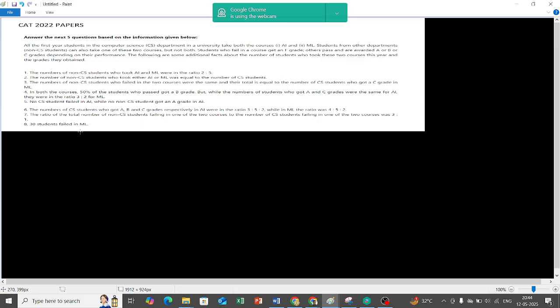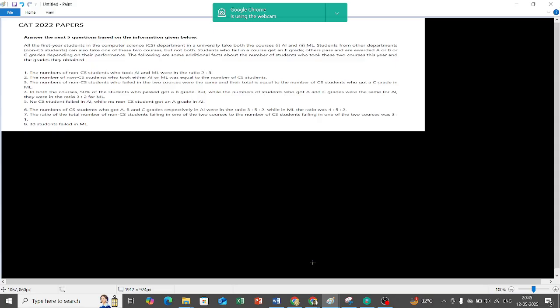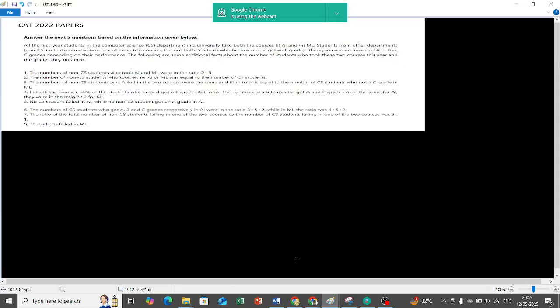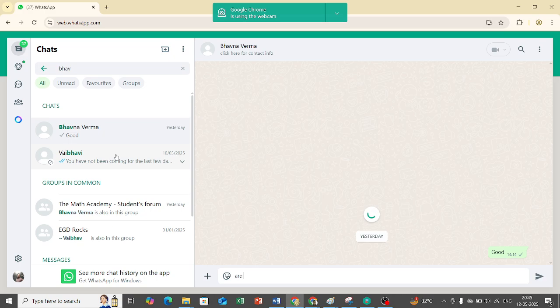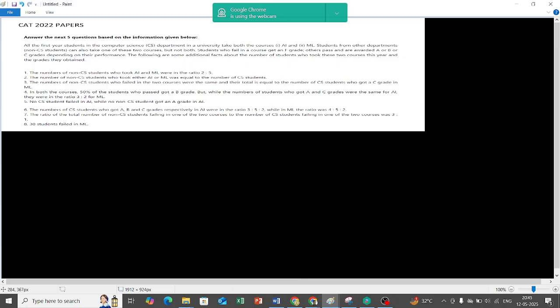The best way is the tabular method. The best way to do it is in tabular form.